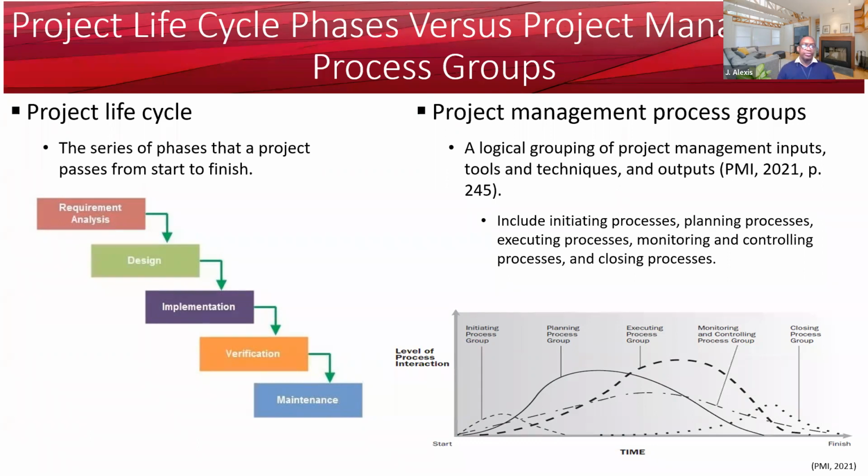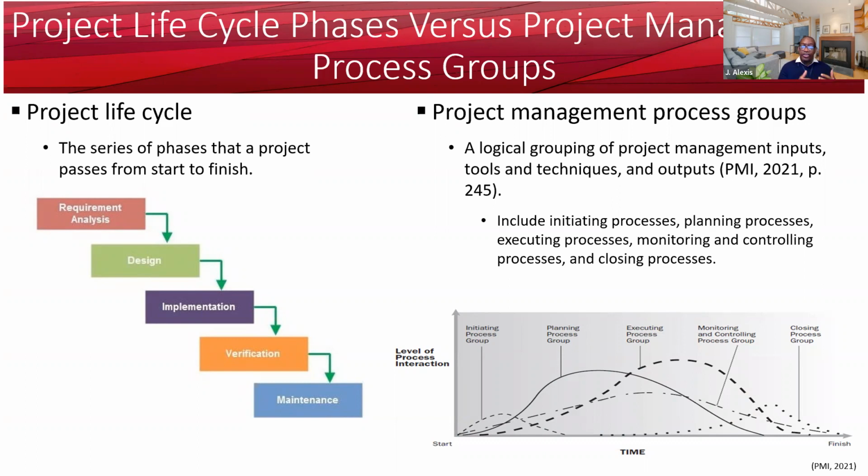We talk about process groups. As you can see, to my left are examples of life cycle phases, and to my right, project management process groups, a set of related activities that we can perform in a project or in a phase of a project. For example: requirement analysis, design, implementation, verification, and maintenance, which is not part of the project.